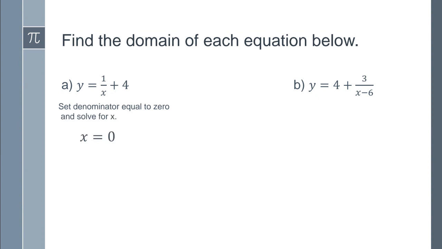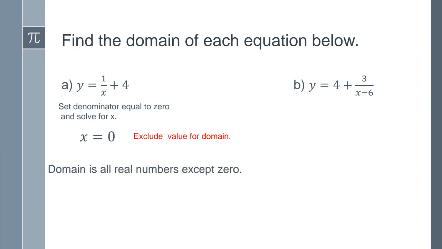So since we cannot use 0 for x, that's our restriction. We have to exclude this number from our domain. So the way we're going to write that in interval notation: this is the English representation of our domain. The domain is all real numbers except 0, but for our computer, they're going to ask us to write it in interval notation.